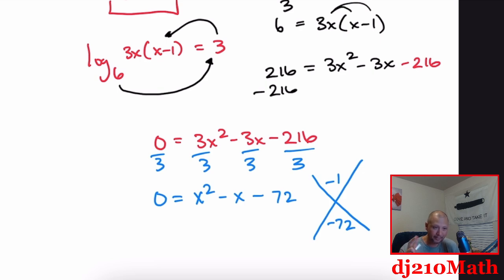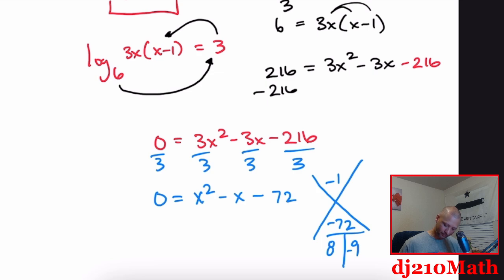Right? Something consecutive. Just so happens 8 and 9. 8 and 9 multiply to make 72. However, it needs to be negative 72. So one of them needs to be negative. Which one? Well, when you add them up, it needs to be negative. So the big one.